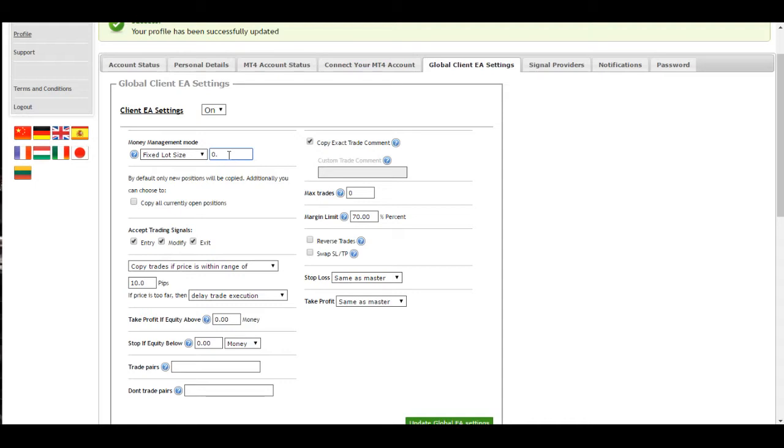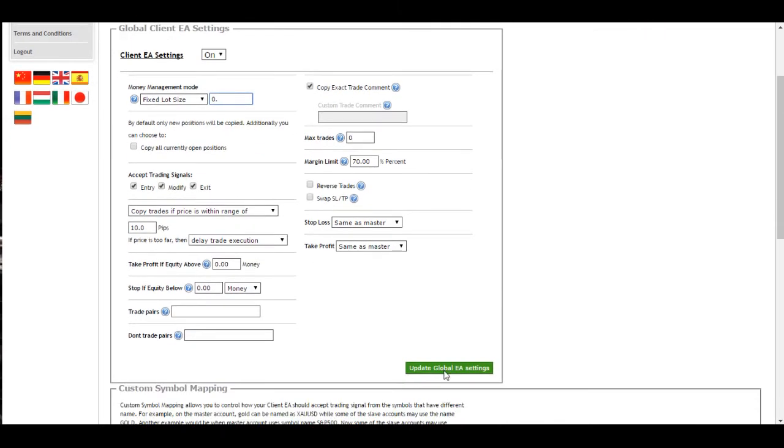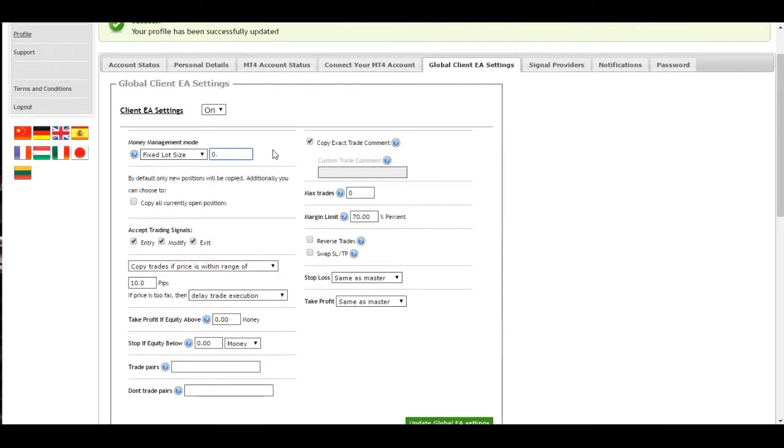All right, so in that event, and trust me, the beauty of this is that you can come in here and change it at any time. The system will reset itself, meaning you come in here, make your changes, hit update, and it's done for you. That's the beauty of having everything right here in the students panel.